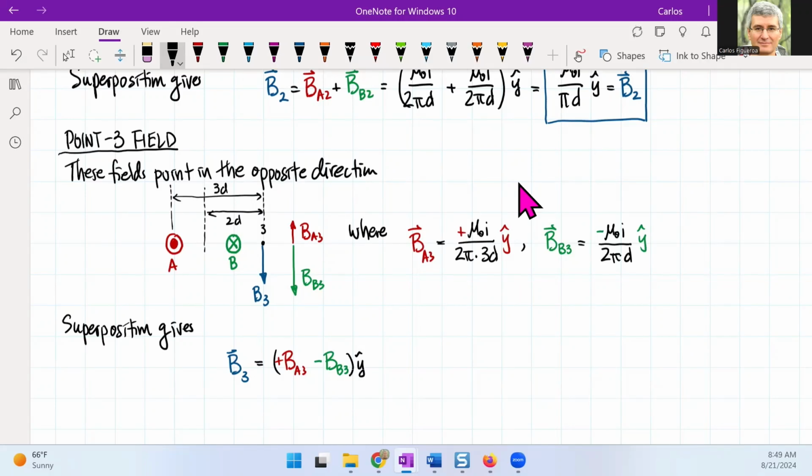So if I plug in my values here, I'm then going to see that this will be 3 mu naught I over 2 pi d minus mu naught I over 2 pi d, all in the y direction. And then I'm finally going to get minus mu naught I over pi d in the y direction. And this will then be the magnetic field at 3.